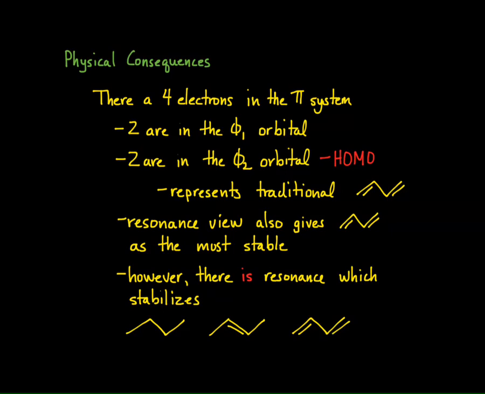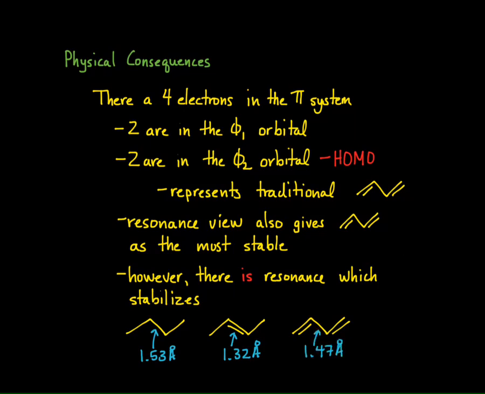And we can simply look at the bond lengths of that bond between C2 and C3. For butane, that bond is 1.53 angstroms, and for 2-butene, the bond is 1.32 angstroms, which we would expect to be shorter because it's a double bond. So is there some double bond character in that 1,3-butadiene?